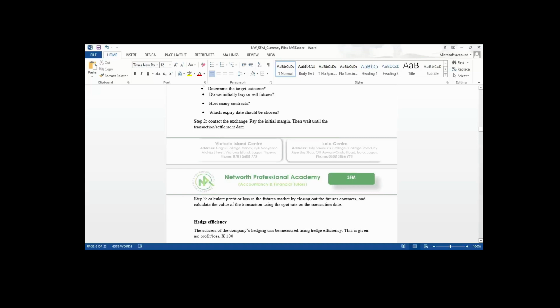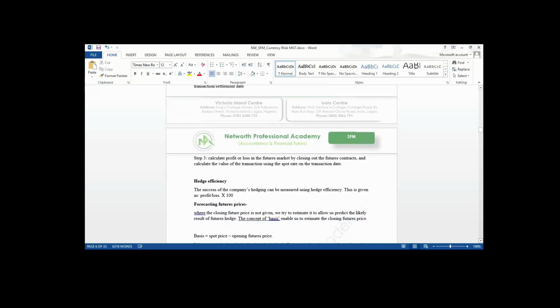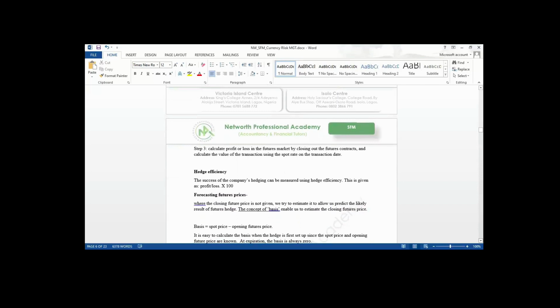Now, the question is, how do we estimate closing futures price? To estimate your closing futures price, you have like 3 steps. One is determine the basis.